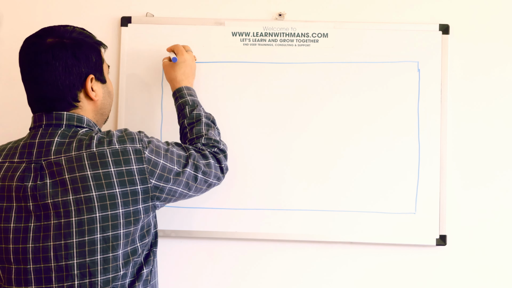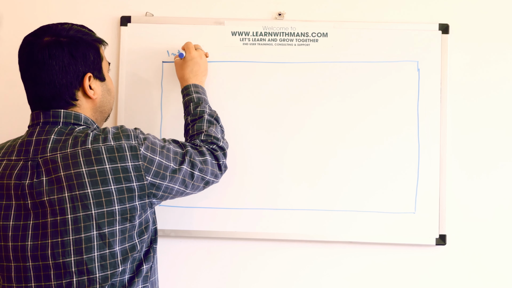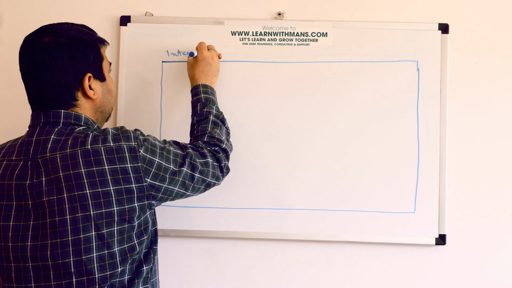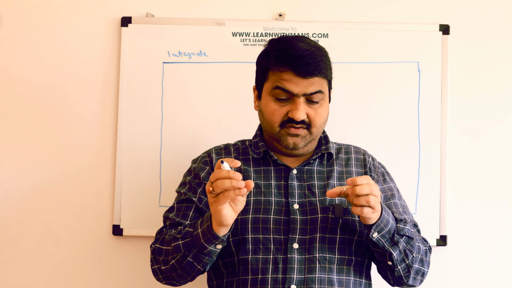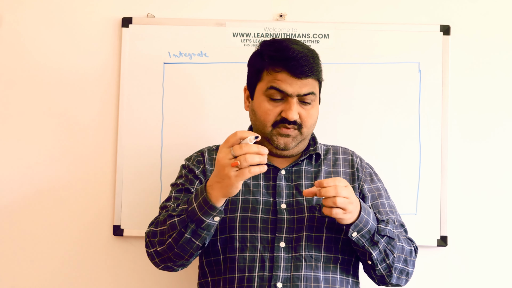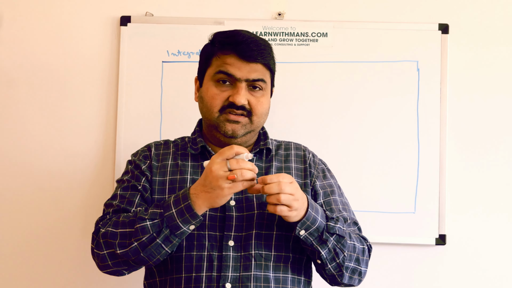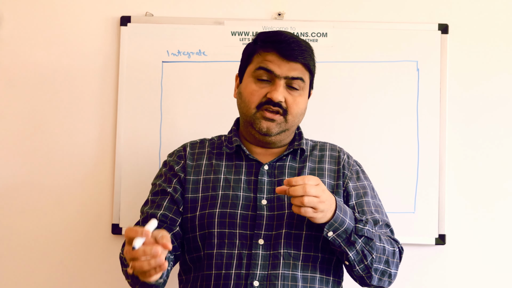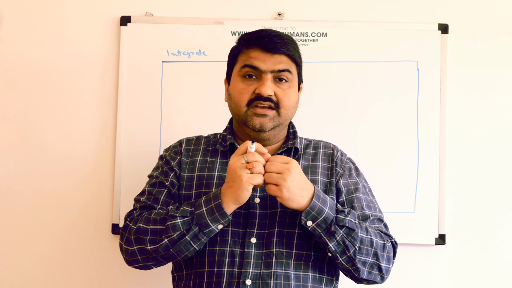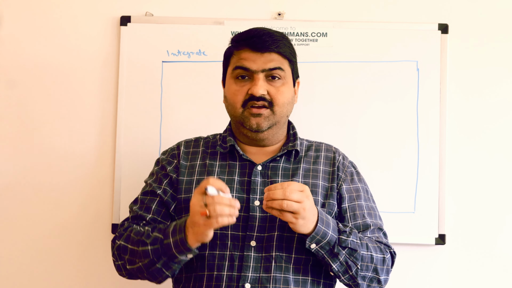So we are going to integrate, which means in our warehouse we have different kinds of businesses. Integrate means with our warehouse we are going to link that business process with our warehouse.